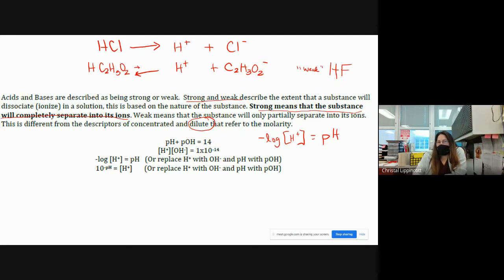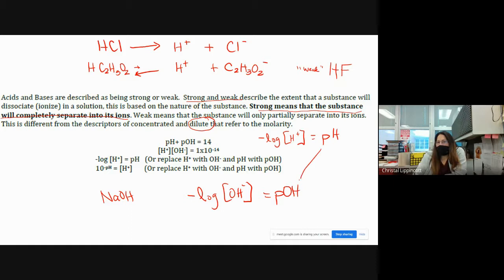If we're looking in terms of a strong base, for example, NaOH is a strong base. If we wanted to figure out what's called the pOH, we do the negative log of that OH concentration. That's going to give us our pOH.